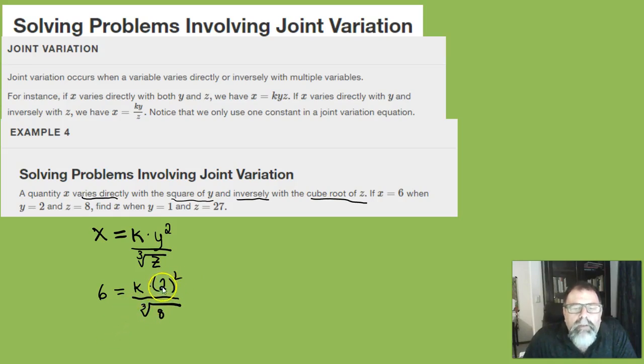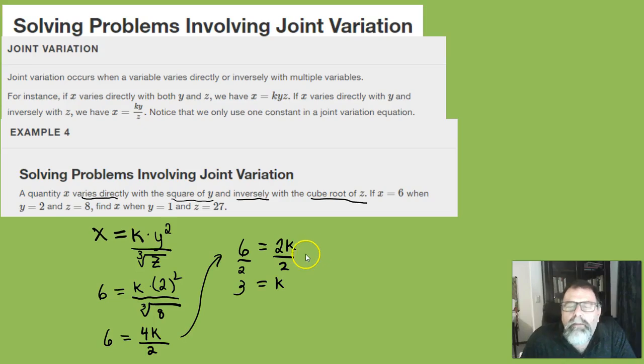So we simplify this, so y squared is going to be 4. And the cube root of 8 is 2. 4 divided by 2 is 2. And then divide both sides by 2. So k is 3.